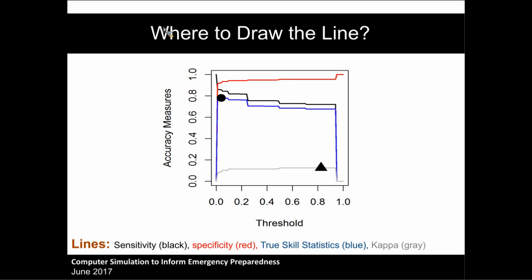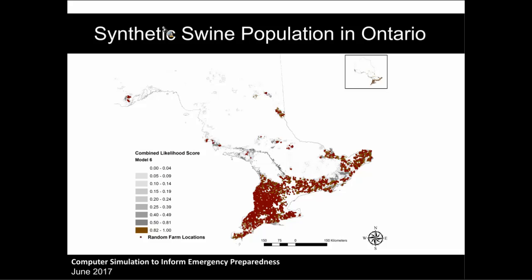We ran a bunch of statistics, two of them being true skill statistics, which is sensitivity plus specificity minus 1, as well as kappa, and then looked at where it had the highest specificity, and defined a cutoff that for this model was 0.82. For anything 0.82 and above, we took them and separated them.